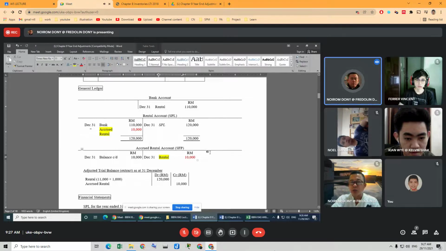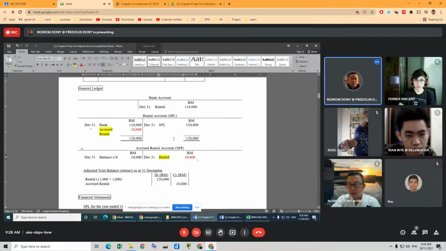Then what else we need to do? We have to close off and balance off. For expenses, this is rental expenses, we have to close off. How do we close off? We post this 120,000 amount, the total amount. We make a total line, single line on the top, double line underneath.